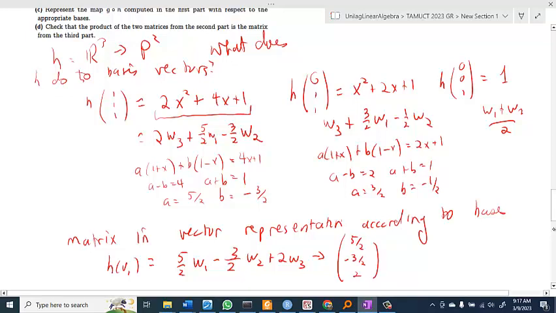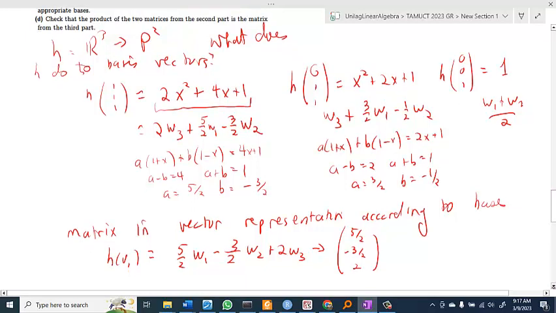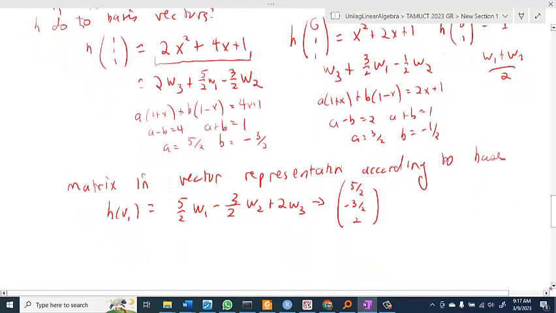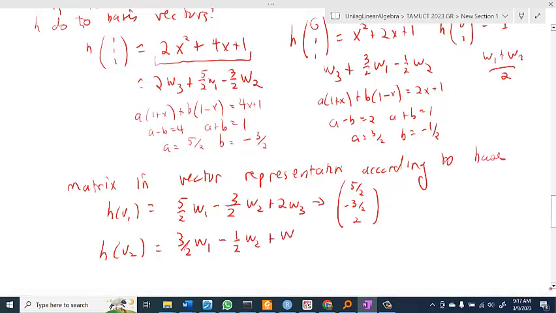Okay. Then I have h of v2. Well, that gave me minus 3 halves w1 minus 1 half w2 plus w3, and that goes to 3 halves, minus 1 half, 1.